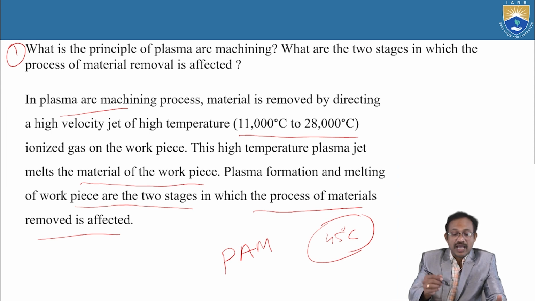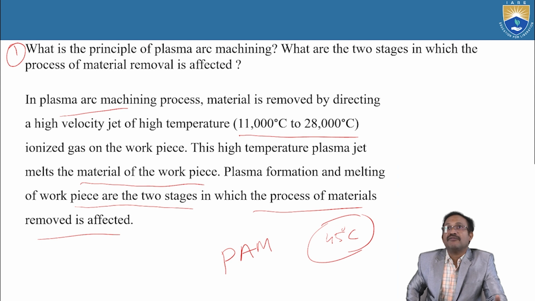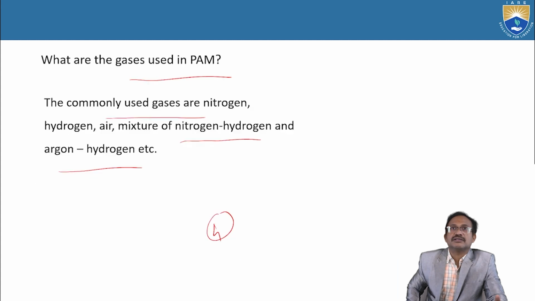This high temperature plasma jet melts the material of the workpiece. So 11,000 to 28,000 degrees centigrade is developed.